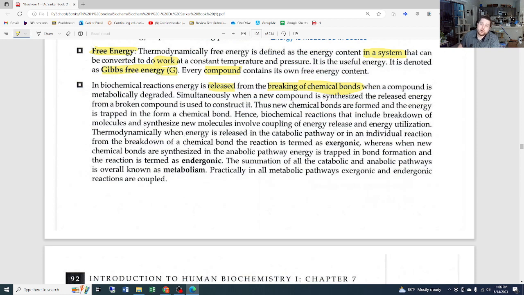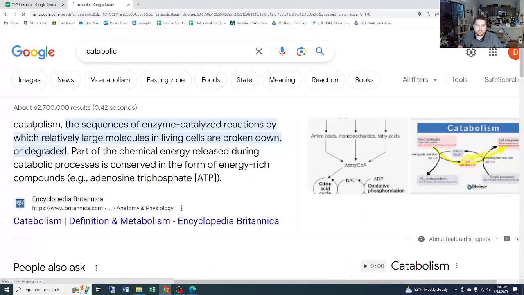Thermodynamically, when energy is released in the catabolic pathway, we've seen that word before, catabolic, or catabolism. Remember that word, it's one of those words that I really struggle with.